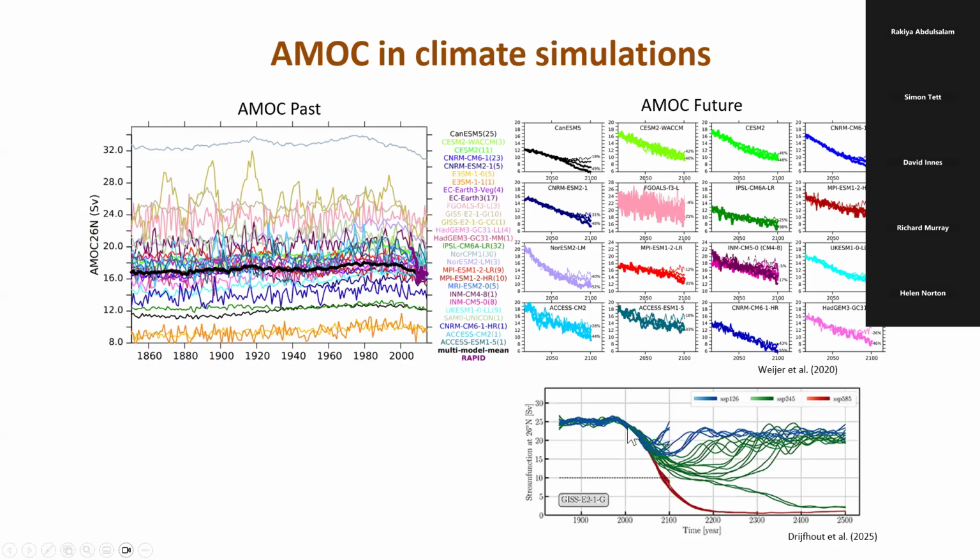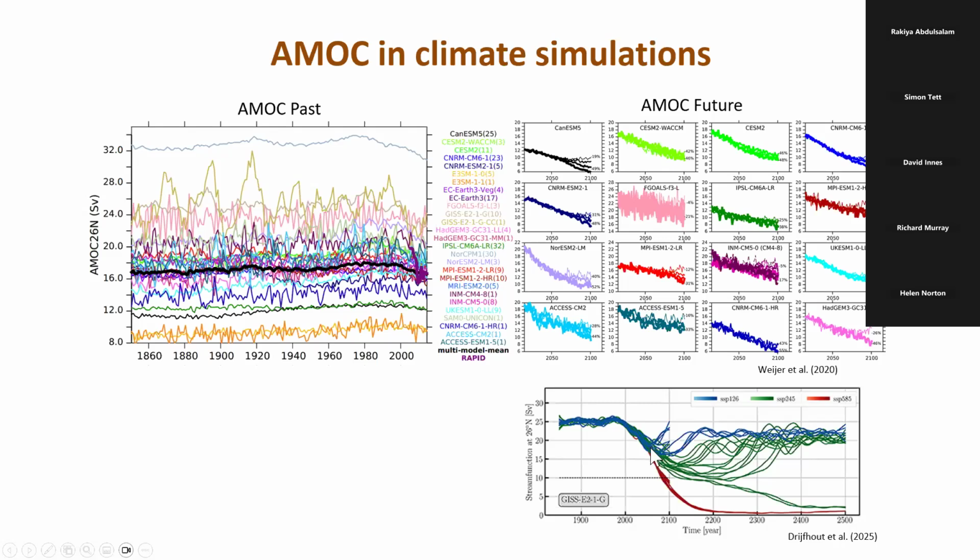And I think very interestingly, over the first half of this century, we see AMOC decline in these three different colors, which are the different emission scenarios. The blue is the low emissions, then intermediate, and then high emission scenarios. We see that regardless of the emission scenario, we see AMOC weakening over the next 50 or so years. So in a sense, the models are just suggesting that's already locked in.